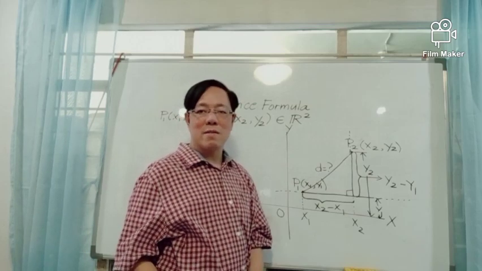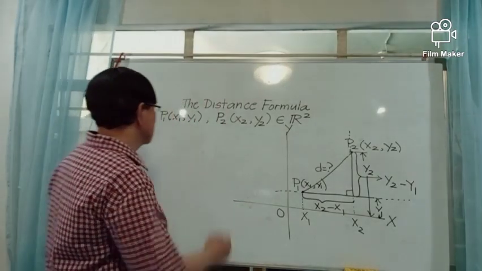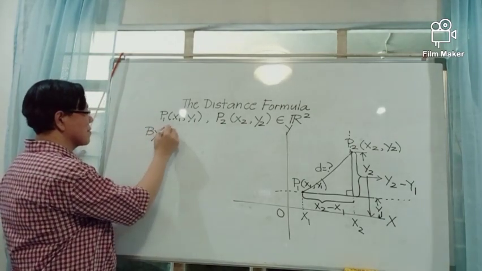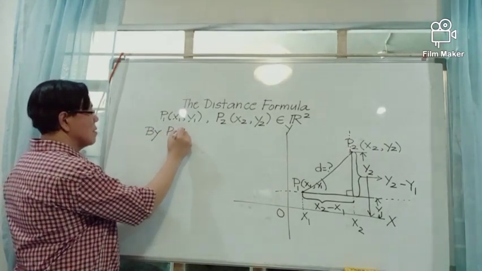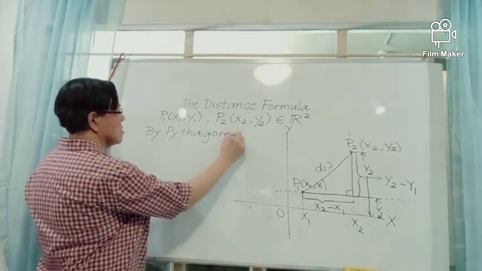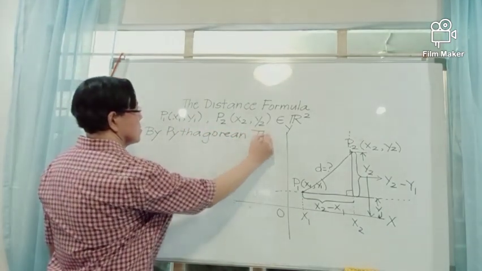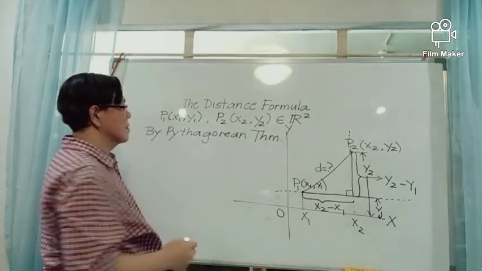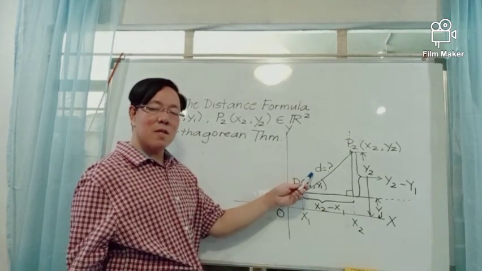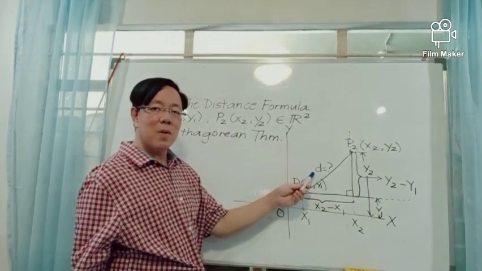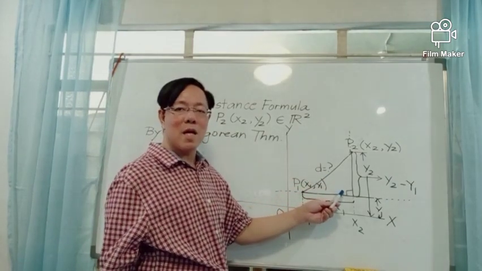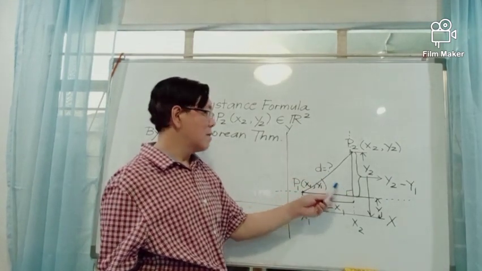And we write that in symbols by Pythagorean theorem, the square of the hypotenuse. In our example, the hypotenuse is D. The hypotenuse is the side opposite the right angle of the right triangle.